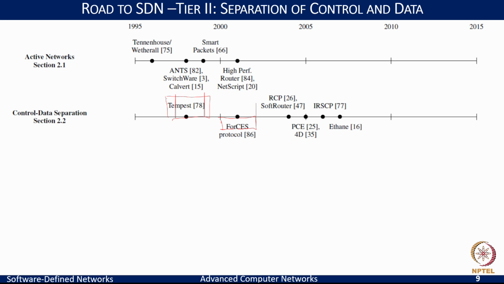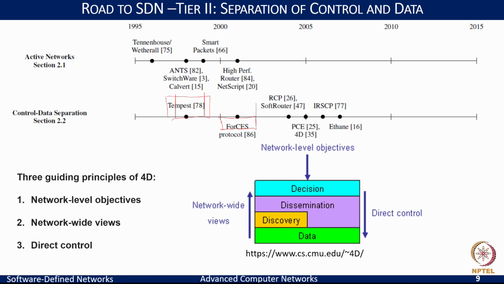And this work was guided by three principles. First is the network level objectives. That is, when you try to run a network which needs to have robust data characteristics, in terms of satisfying the performance objectives, or the reliability objectives, or the policies that you want to ensure are met when you want the network to transmit specific packets or flows of packets, you want to guarantee those network level objectives.